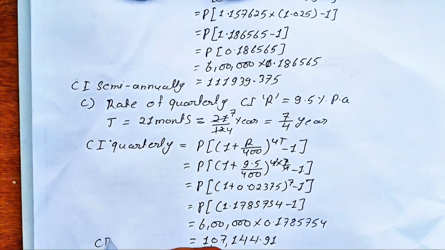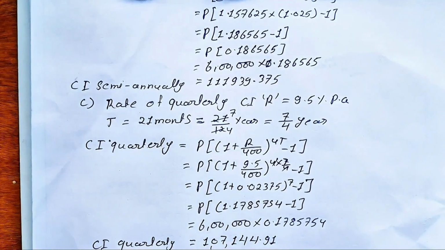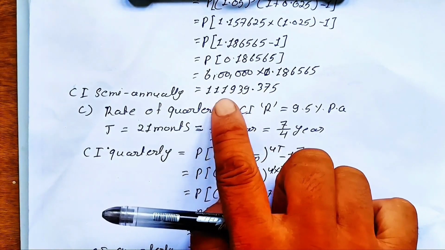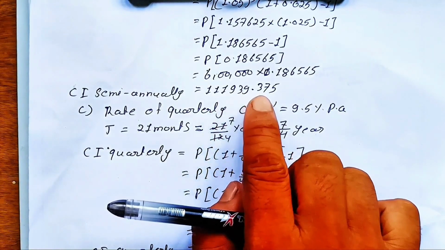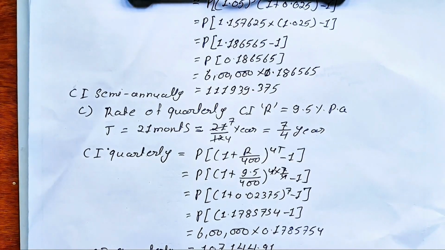This is the CI quarterly. Here we have the semi-annual CI is 1,11,939.375 and quarterly compound interest is 1,07,144.91. Now we find the annual compound interest.